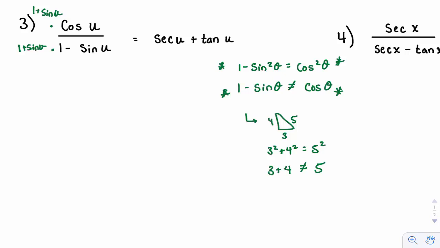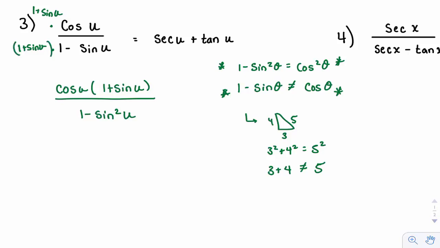Let's do it. So if you do that, this would be cosine u, and then this would be 1 plus sine u. If you multiplied those together, great. If not, I wouldn't do it yet. You'll see why. But this is going to be 1 minus sine squared u on bottom. Yet again, as I've been telling you on all these problems, that difference of squares keeps popping up.